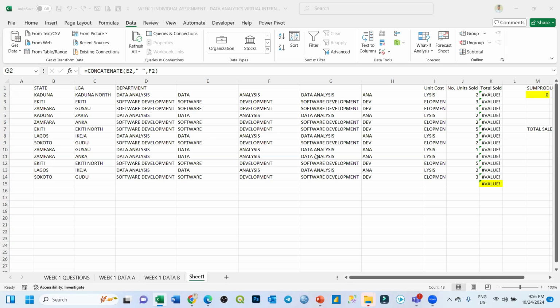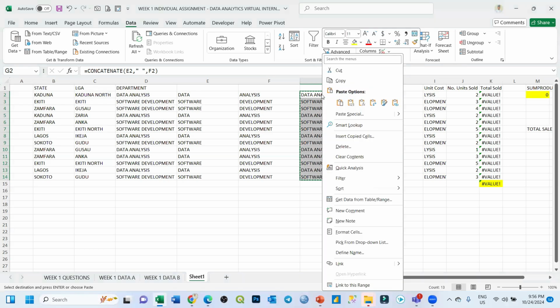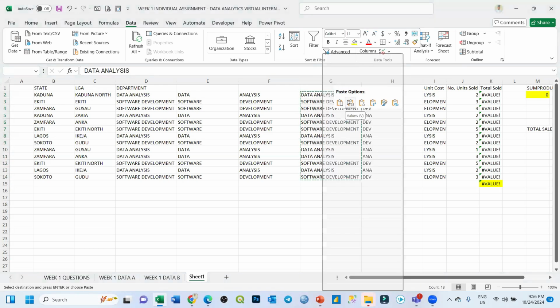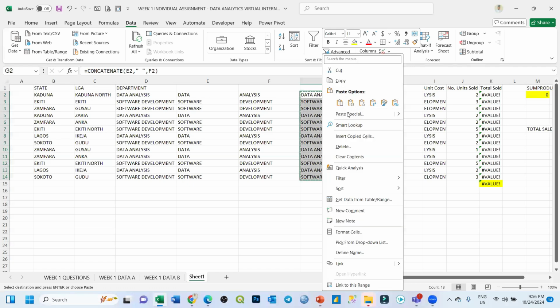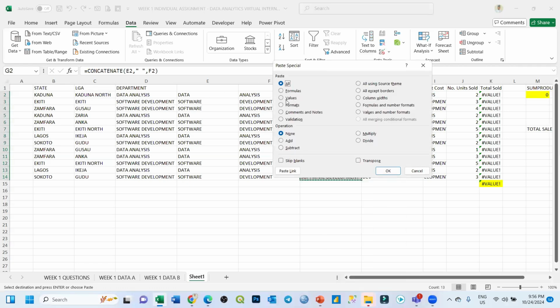Please understand this. The next thing I'm going to show you, after you apply this concatenate, is that when you are copying the data or deleting one cell, please make sure you highlight all the data and copy it. When you copy it, right click from the top, inside the first column, and choose paste special. Where you see this 1, 2, 3, just click on it. If you didn't see this 1, 2, 3, click paste special, then click on values and press OK.